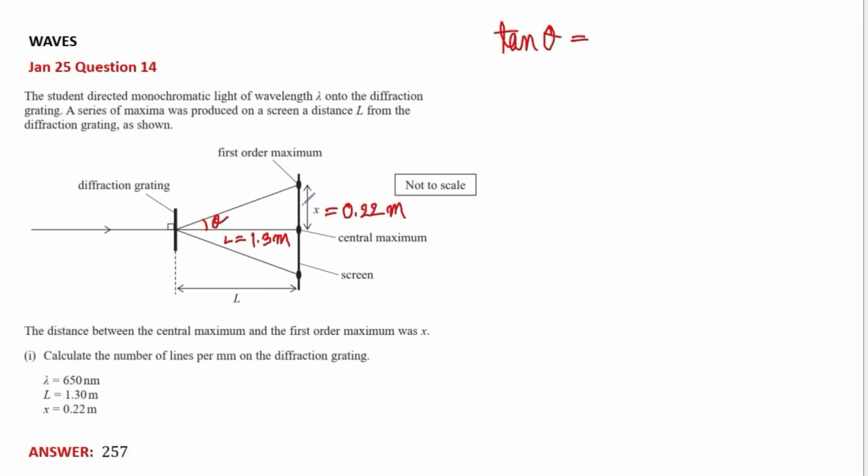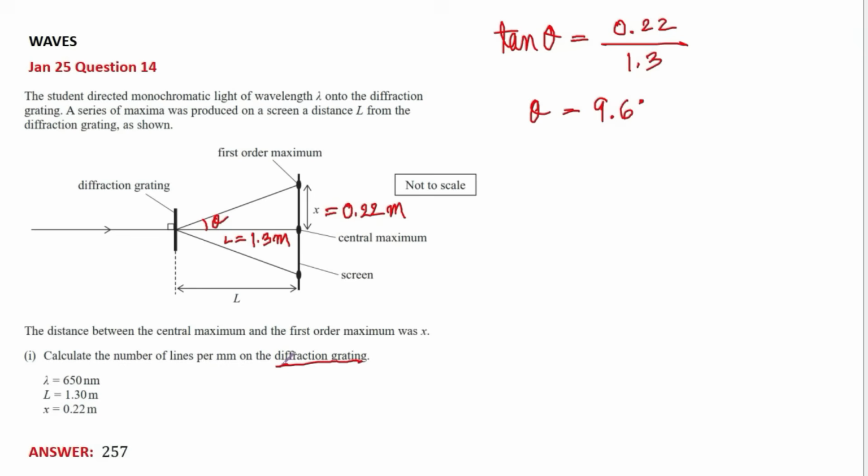Tan theta equals opposite 0.22 by adjacent 1.3, and the value of theta, I just put the values in my calculator, it's 9.6 degree. Next, calculate the number of lines per millimeter on the diffraction grating.